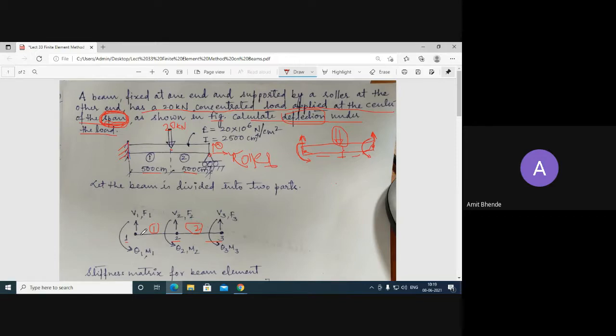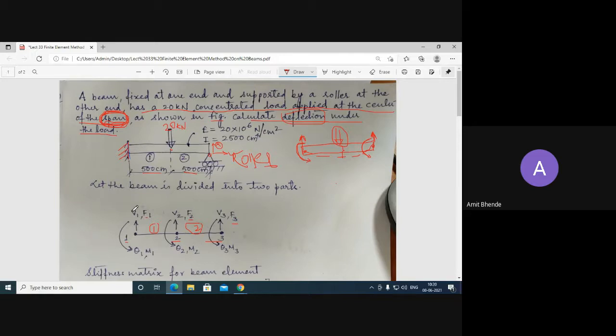Now we will see the forces which are acting on these nodes. At node number 1, we consider the force as F1. At node number 2, we consider the force as F2. At node number 3, we consider the force as F3.